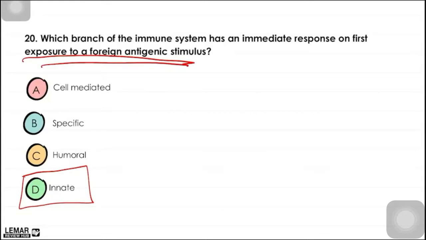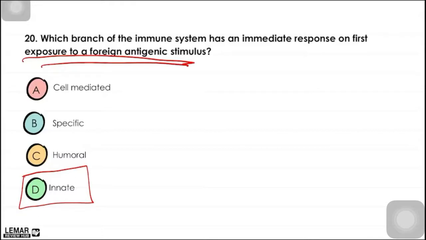So definitely all microorganisms will be attacked in a similar way, because this type of immune response is non-specific. Examples of innate immunity we discussed are the external defense mechanisms: the skin, mucus, respiratory tract, and acid pH of the stomach and of the skin.